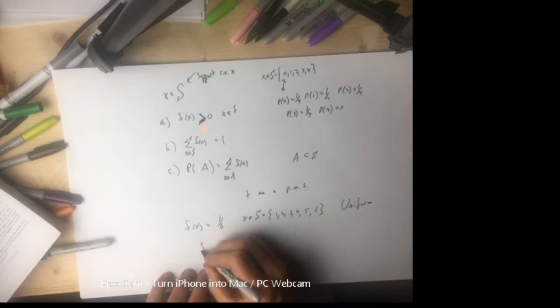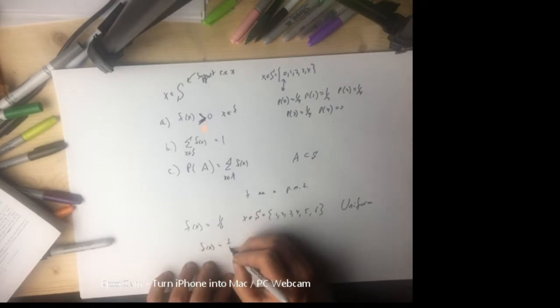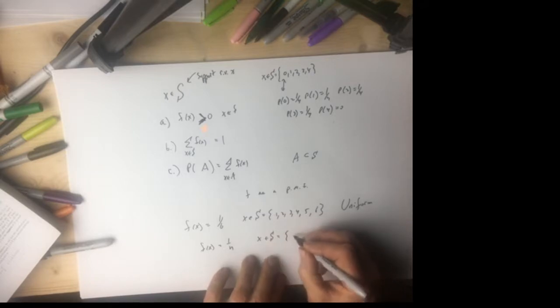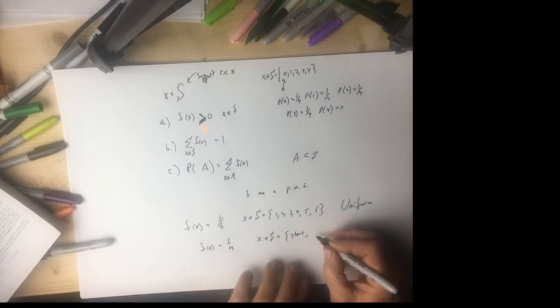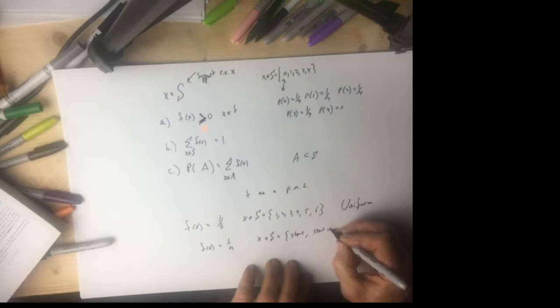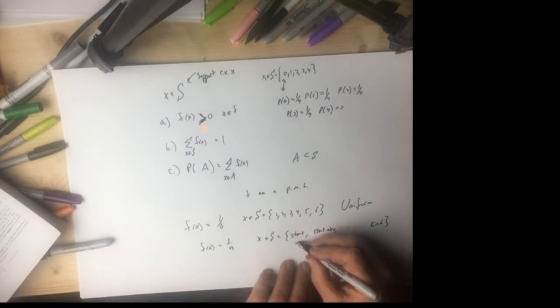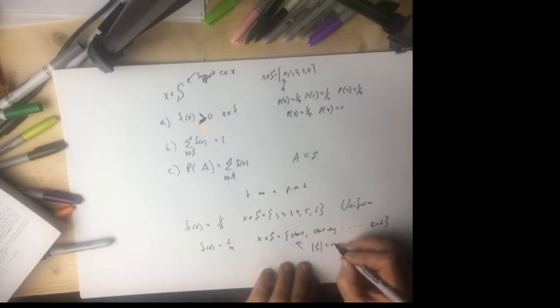You could take f of x equals 1 over n, and x is an element of S, which is equal to a start value, a start plus an increment, moving all the way up to an end value, and make sure that the size of S equals n.